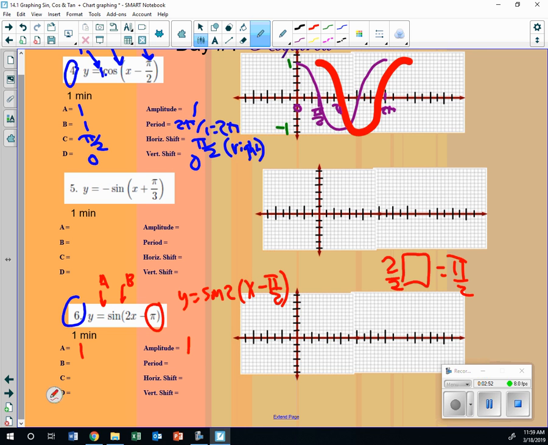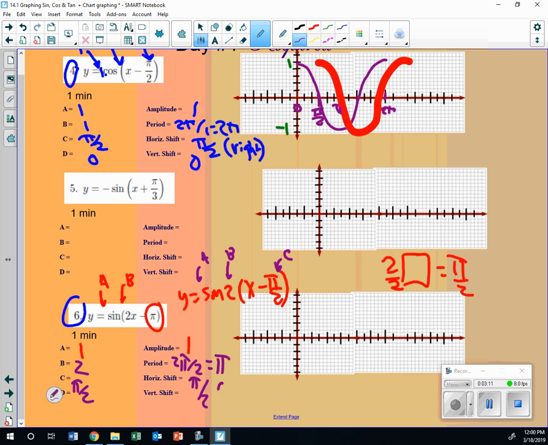So there is your A, there's your B, there's your C. And so B was 2, so 2 pi over 2 is pi. C is pi over 2, and that's going to be pi over 2 to the right again. There's no vertical shift up or down.